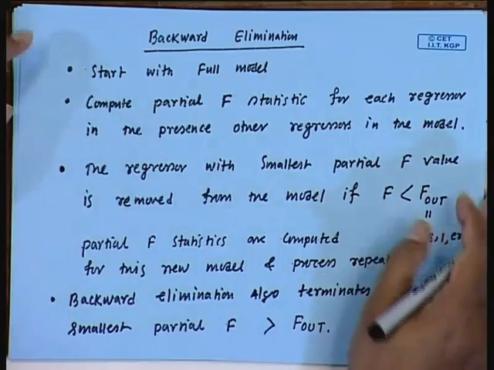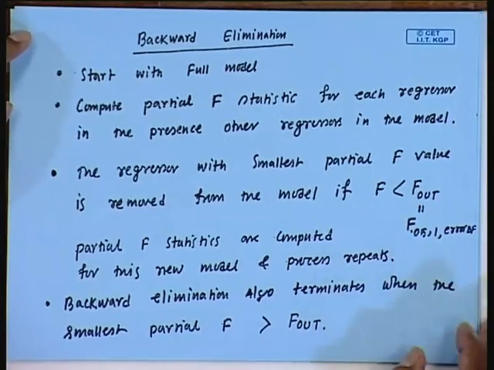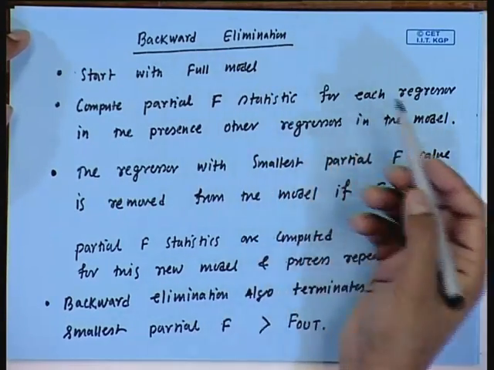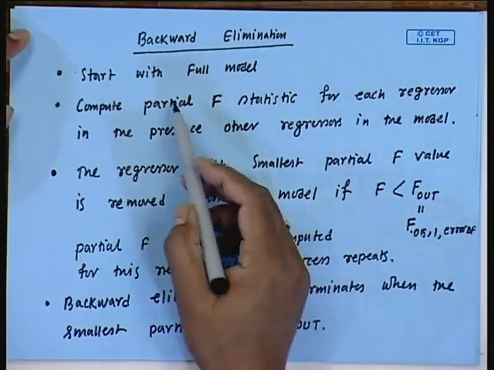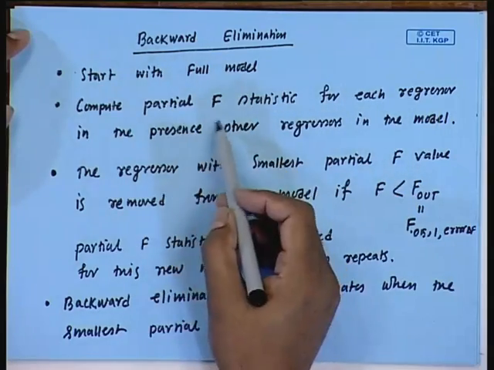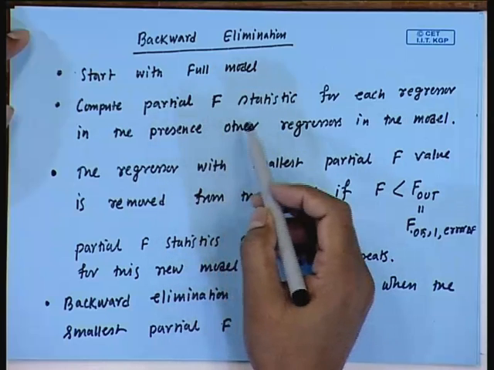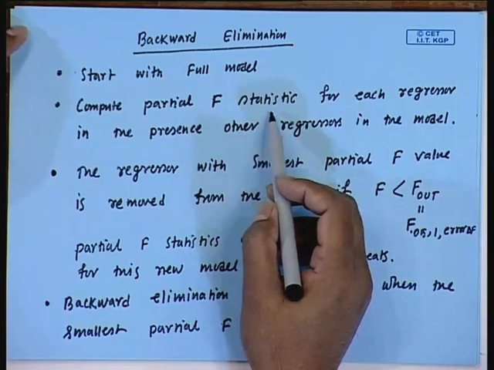Okay, so let me just explain a little bit and then I will illustrate this algorithm using one example. We start with the full model and then here we compute the partial f statistics.